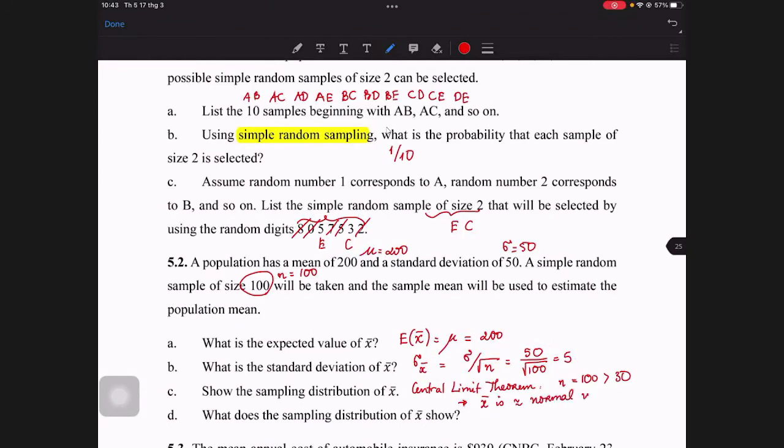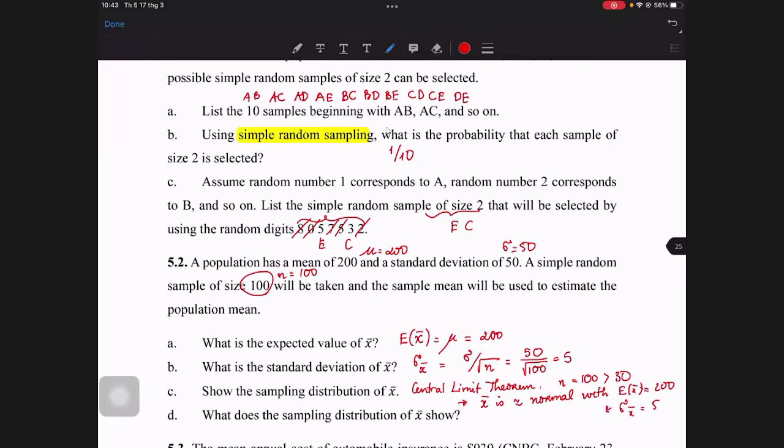Here X bar has the expected value of 200 and the standard deviation of 5. So this is how you show the sampling distribution of X bar: normally distributed with a mean of 200 and a standard deviation of 5.